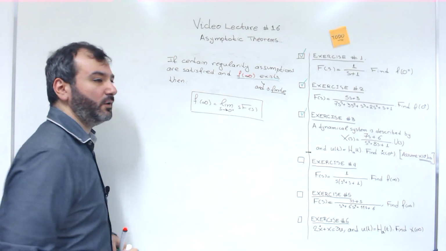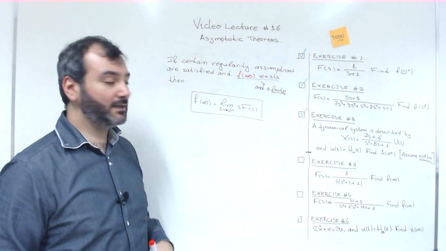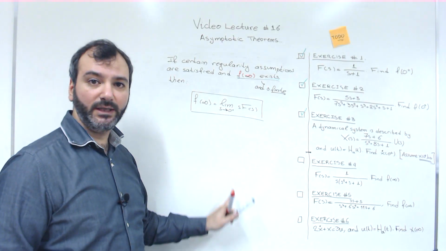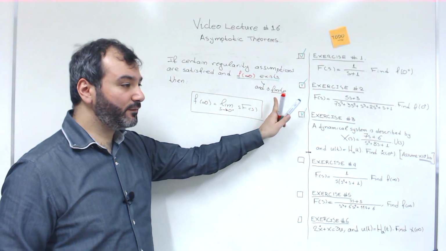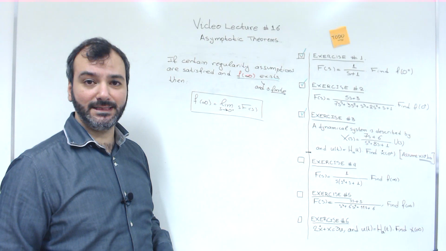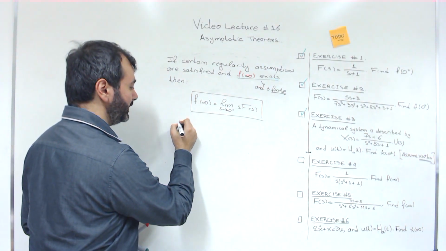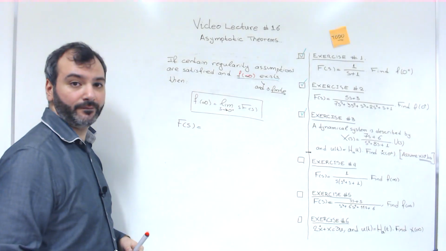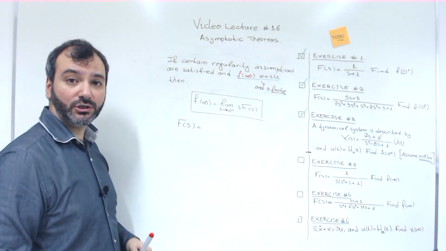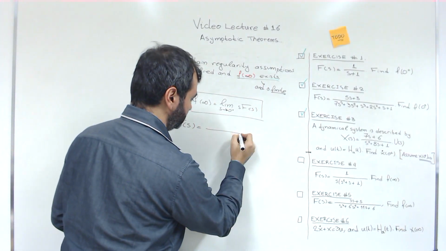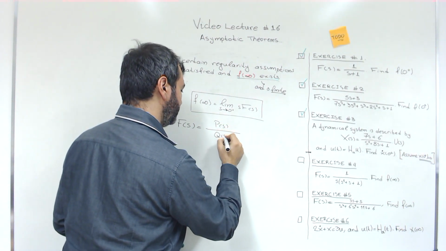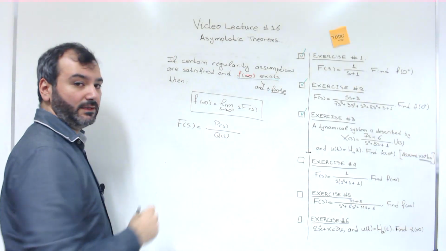But the question is, how can we know that the limit exists? If we know that it exists, we can plug it in this formula and obtain a result. But in the first place, how do we know that it exists? And there is this little result that says that if function f is given by a rational function, polynomial divided by polynomial.